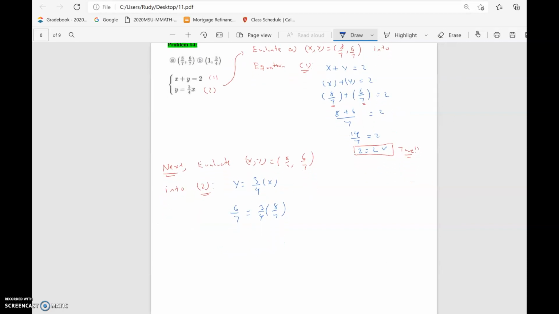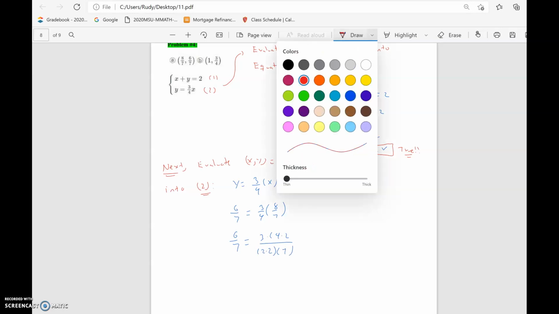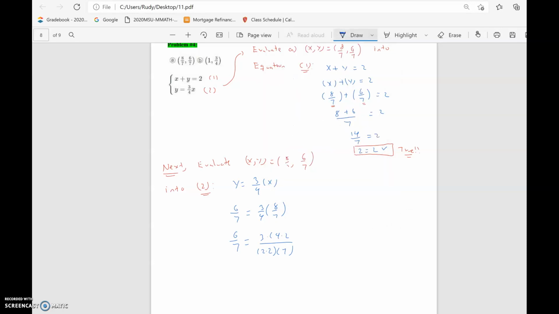So we're looking at 6/7 is equal to, and let me reduce this one. This is going to be 3 times 4 times 2, and then 2 times 2 times 7. The main idea here is just to cancel common factors. What I did here was to factor the 8.